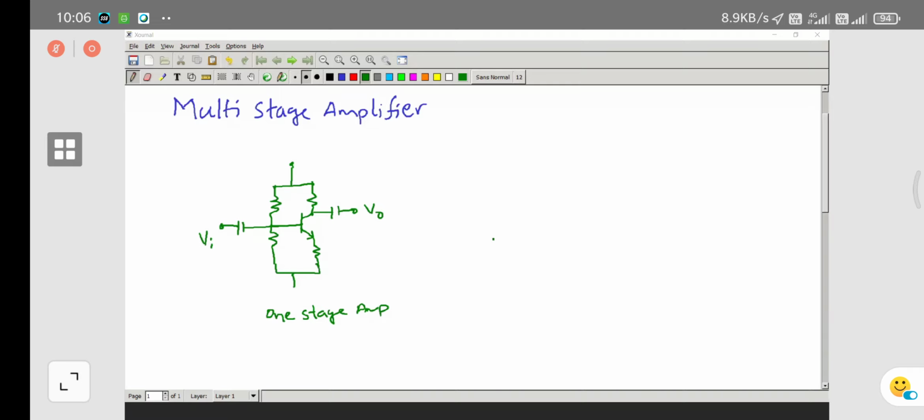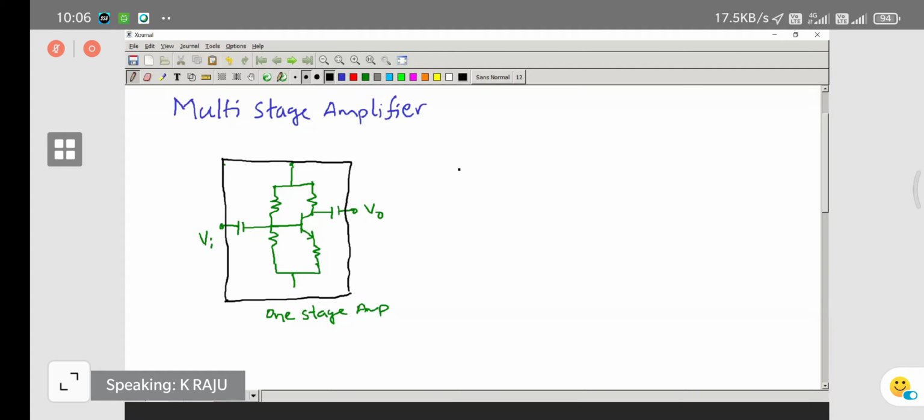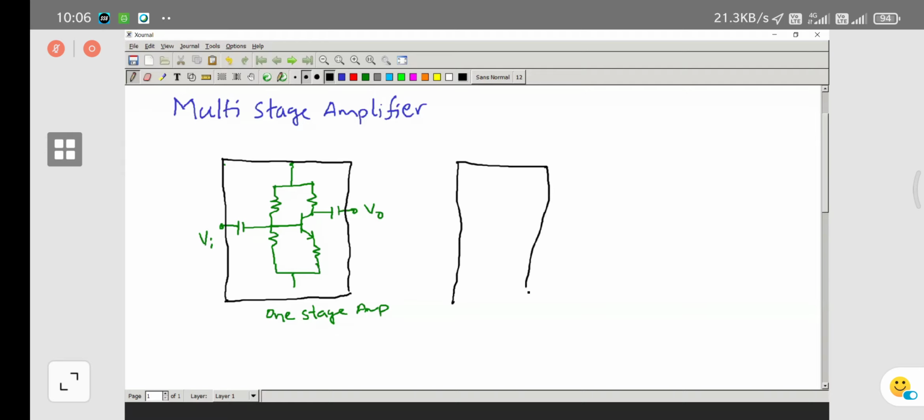This is a one stage amplifier. If I take this in one box, this is a one stage amplifier. Okay. If I talk about a multi-stage amplifier, we are going to take one more amplifier circuit. I'm not drawing the complete circuit here.